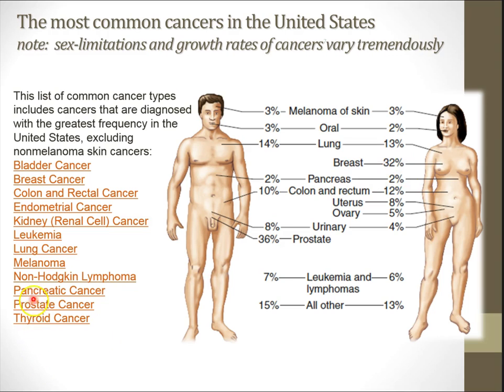If you click on any one of these links, it will take you to the NCI and the CDC website that basically gives us the recent statistics concerning the most common cancers in the US. When we get to class, we're also going to visit the NCI website that lists state-specific statistics.